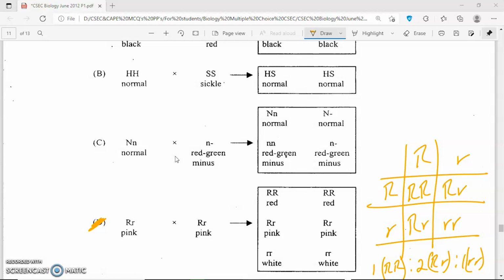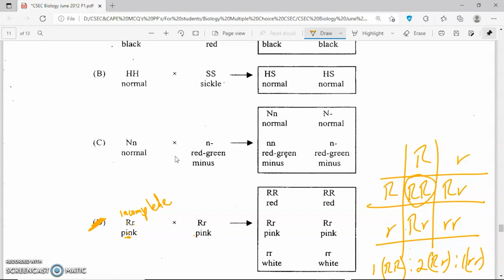Here you have pink flowers and pink flowers. Although they have big R, small r, since you get pink, that means it's a situation of incomplete dominance. So once you cross two pink, big R, small r with big R, small r, you get two big R's here.